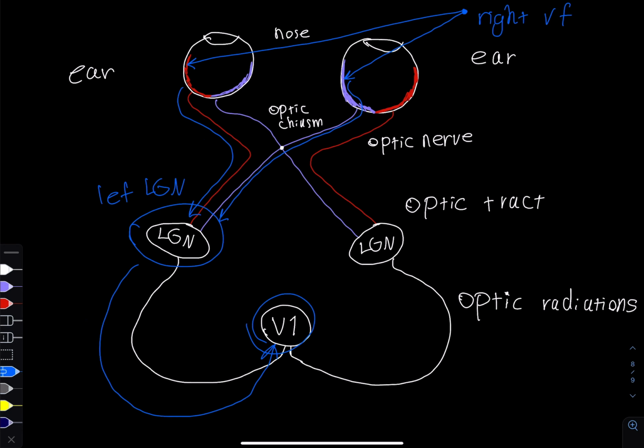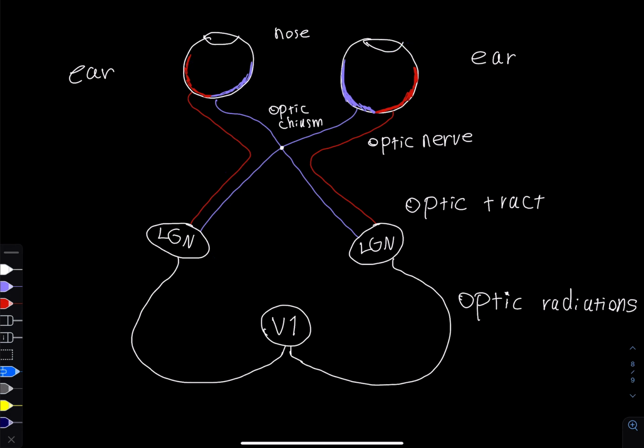And so we can look at a case where that's the opposite. So let's erase this and look at an object that is on your left side. The light from it is going to hit the nasal side of your left eye and the temporal side of your right eye.